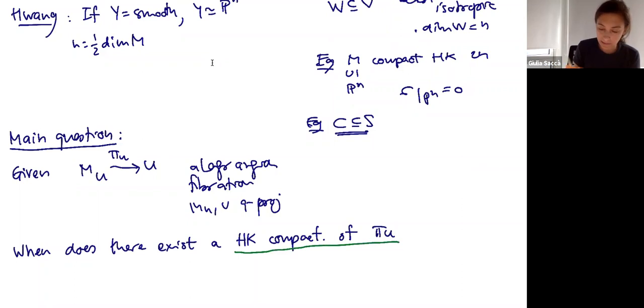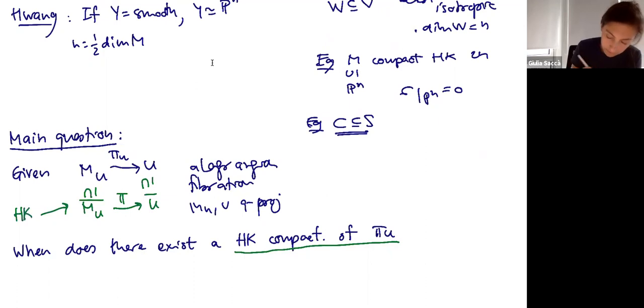What I mean by this is a compactification of M_U with a morphism to a compactification of U, such that this thing is hyperkähler, so in this case projective hyperkähler, with a holomorphic two form, a symplectic form.